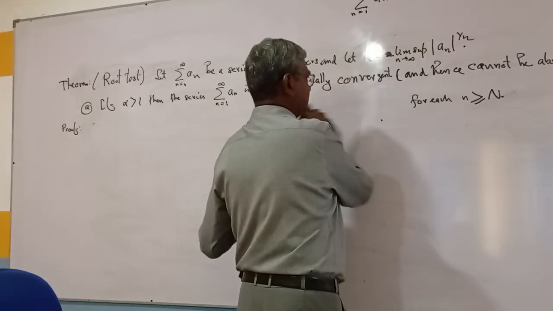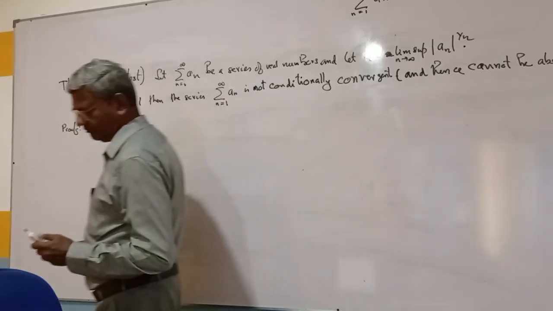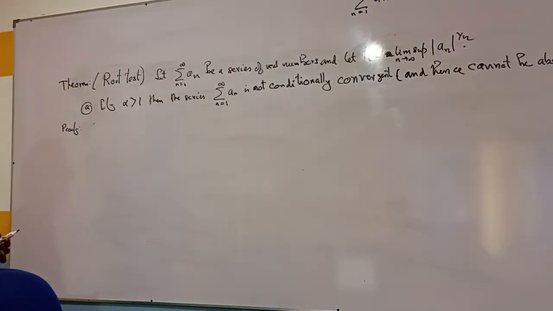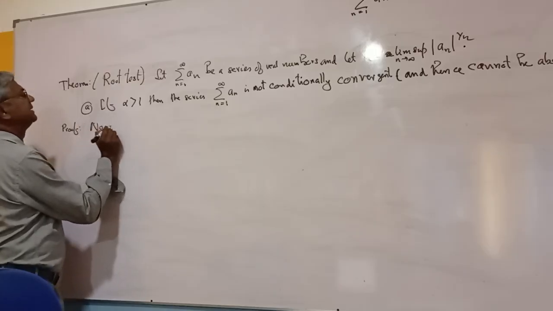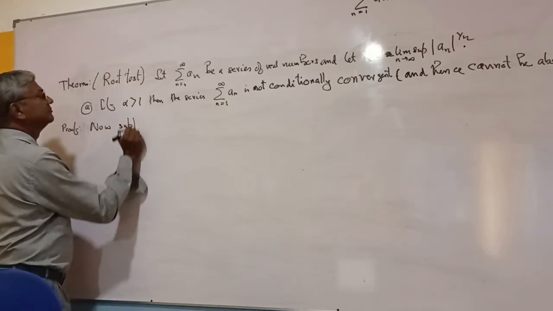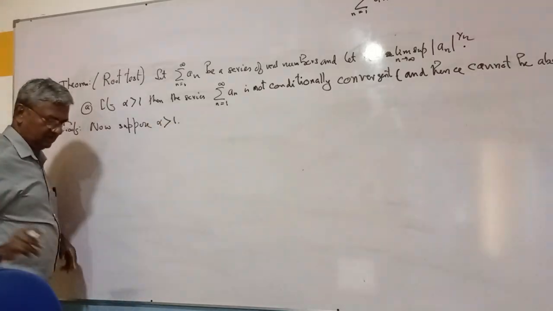Now suppose alpha is strictly greater than 1.